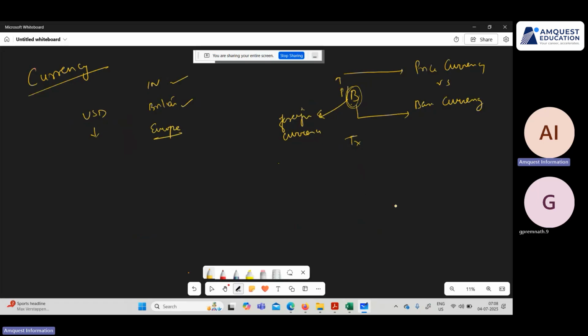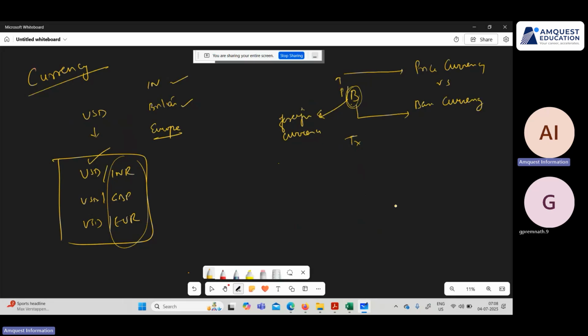So the way we put the quotation is USD by INR, USD by GBP, and USD by EUR. So these will be your foreign currencies, and this is your domestic currency, your own currency.